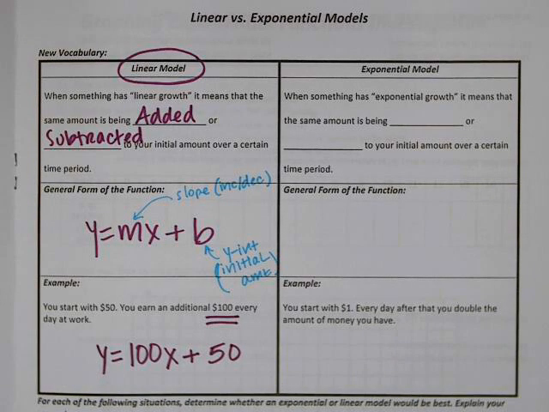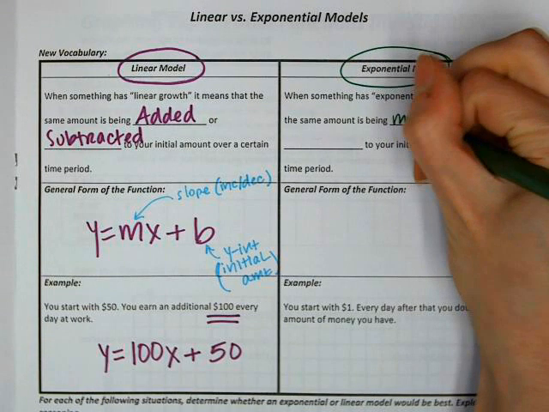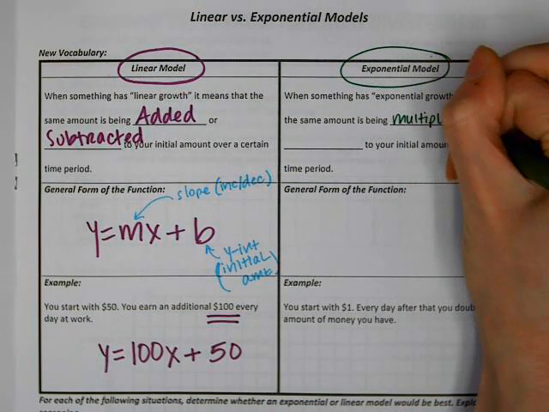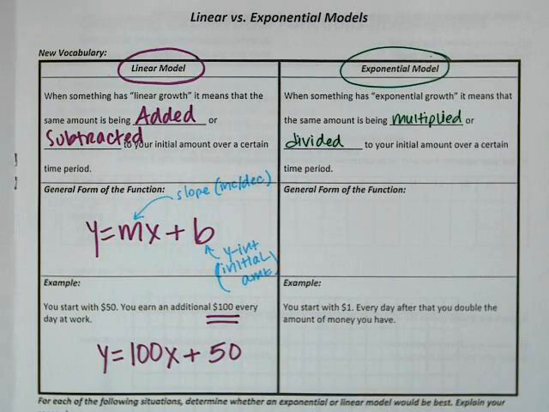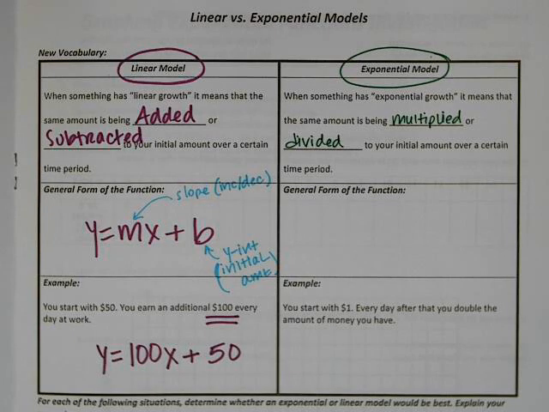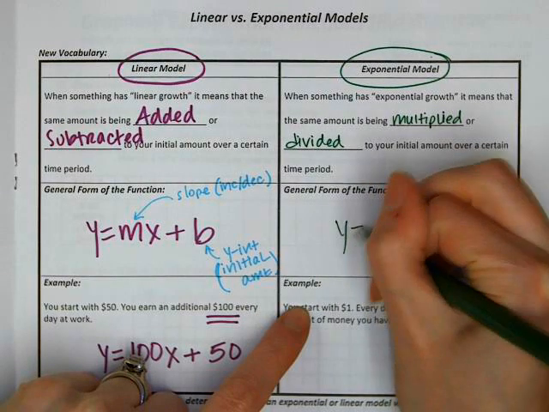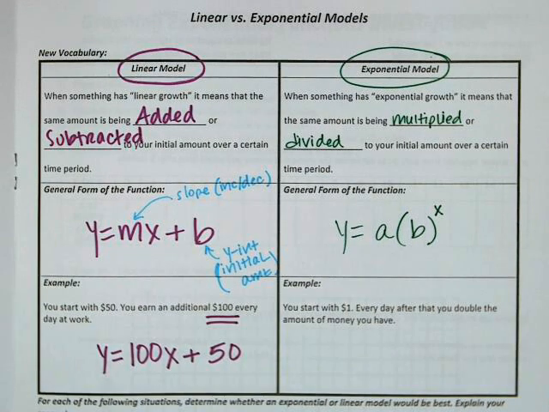On to exponential models. If something has exponential growth, then the same amount is being either multiplied or divided to your initial amount over a certain period of time. And the general form for an exponential model of multiplication or division is y equals a times b to the x power.